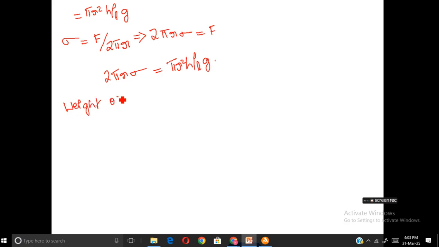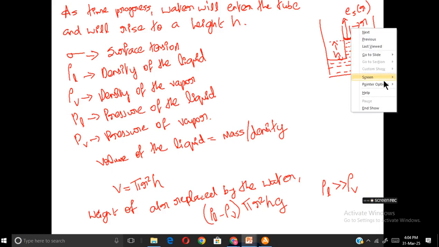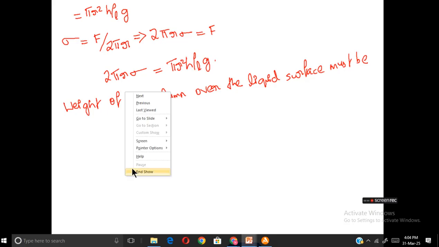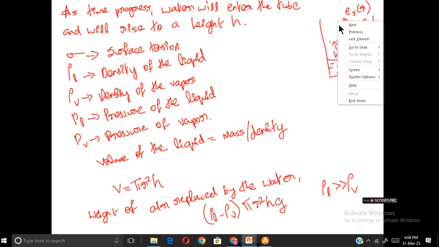The weight of this water column must be balanced by the force which is keeping that meniscus intact.